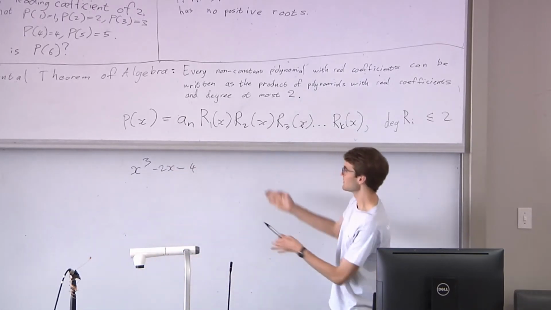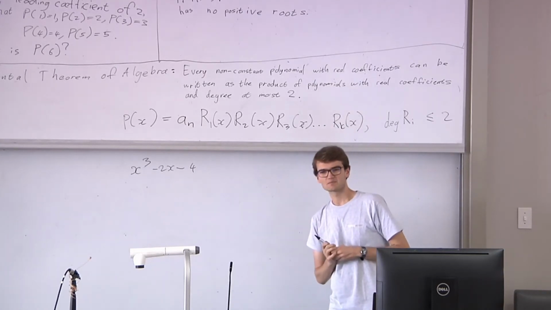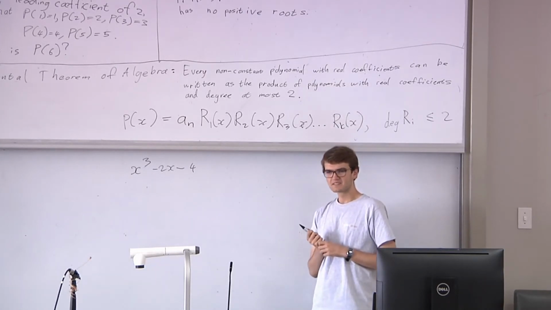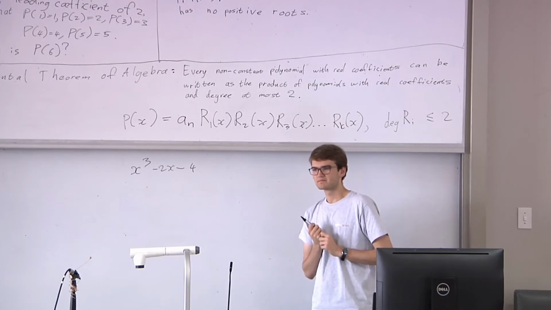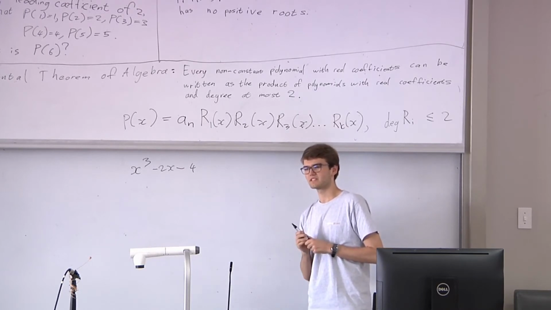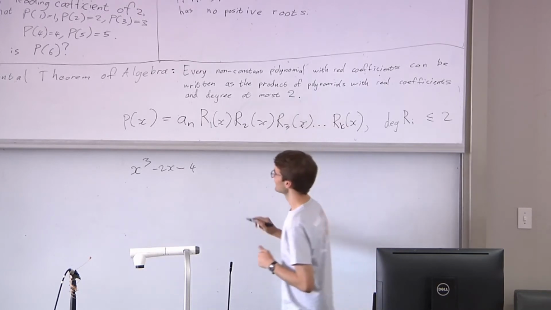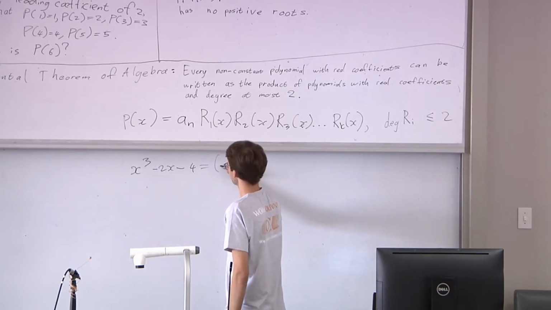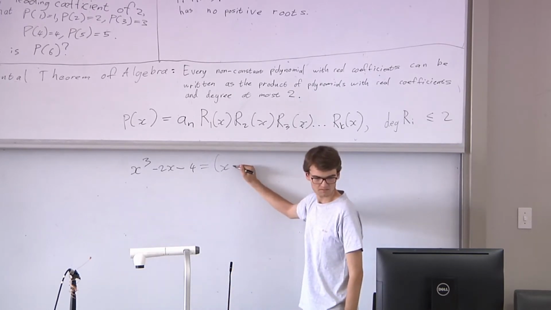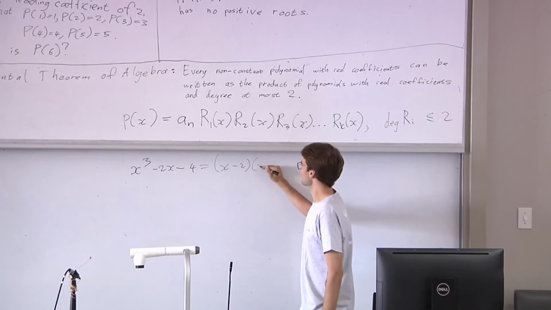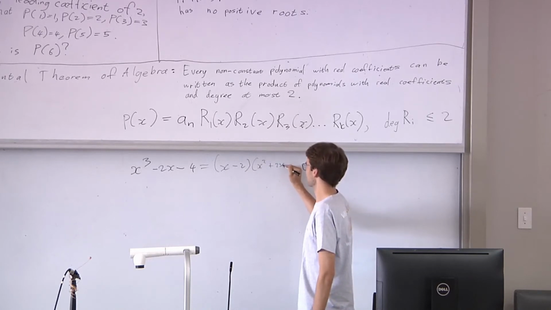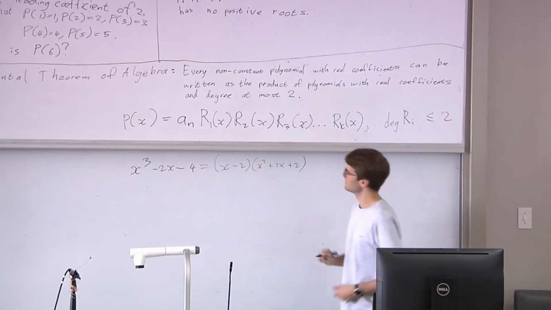Does anyone know what the factorization of that is, just by looking at it? Do you want to try? Okay. So this turns out to be (x - 2)(x^2 + 2x + 2). Okay?